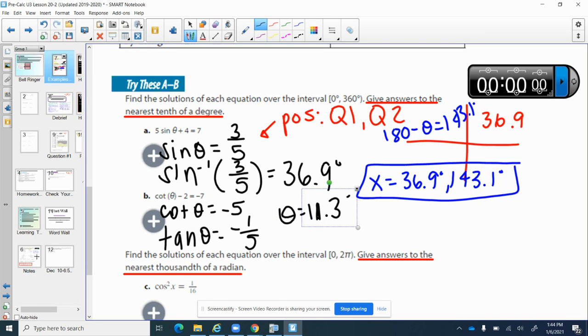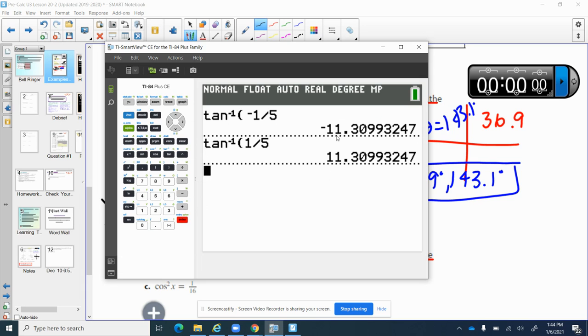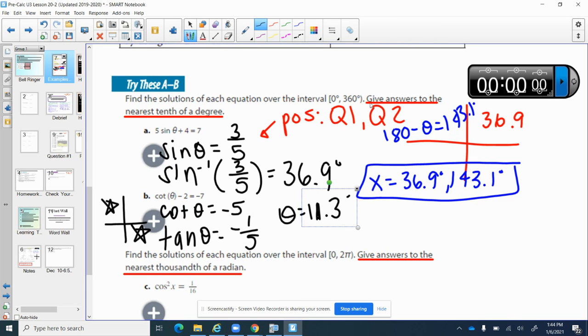So we know tangent, however, is negative in two quadrants, 2 and 4. So one of those is going to be the quadrant 4 value. Now again, negative 11.3 degrees does not fall in our interval.